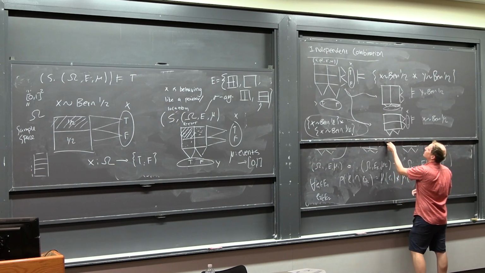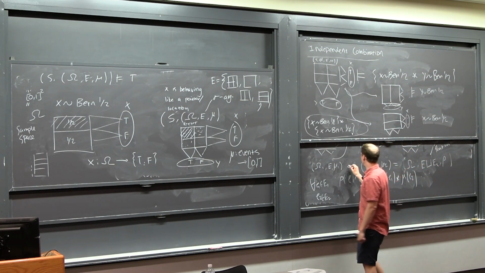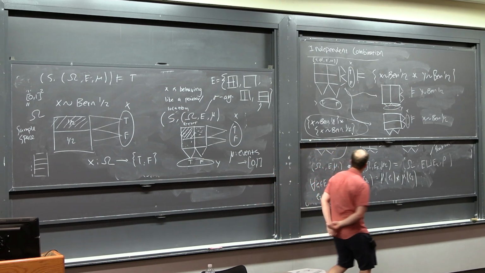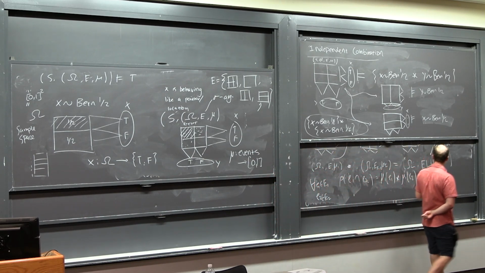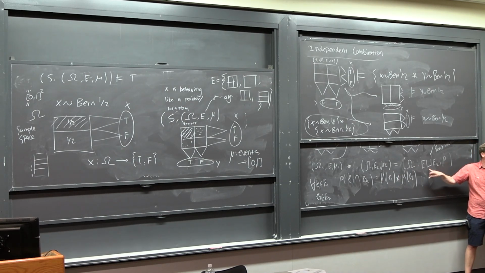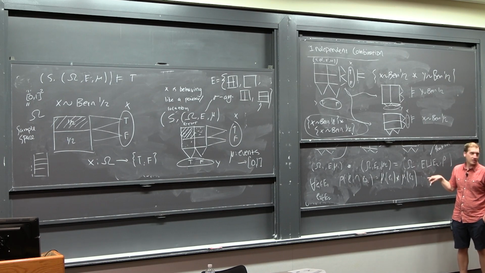Right. So this independent combination is a function, meaning that if there exists such an object that satisfies this, then it's unique, which is a pretty amazing fact that required an interesting proof, actually.